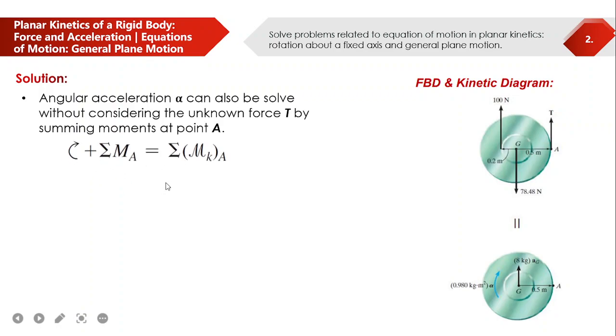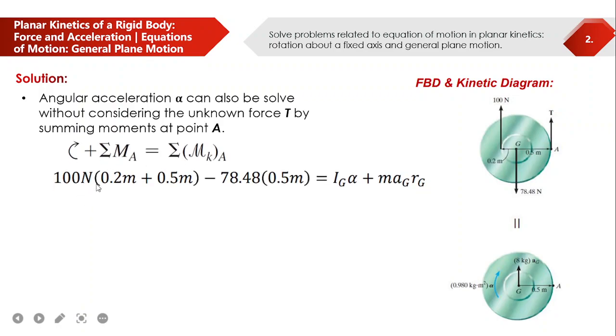So we have 100 Newton times 0.2 plus 0.5 meters, since the 100 Newton is 0.2 plus 0.5 away from point A, which is the moment arm, minus 78.48 Newton, the weight of the body, times 0.5 meters, equals I sub G alpha plus M times A sub G times R sub G.